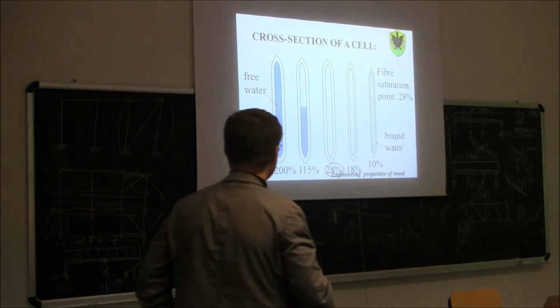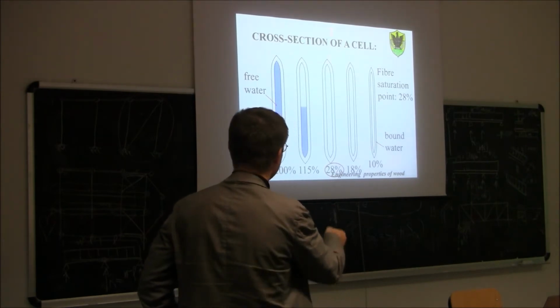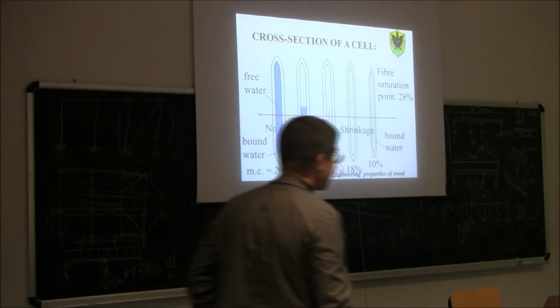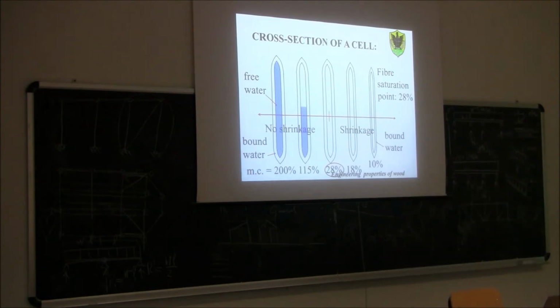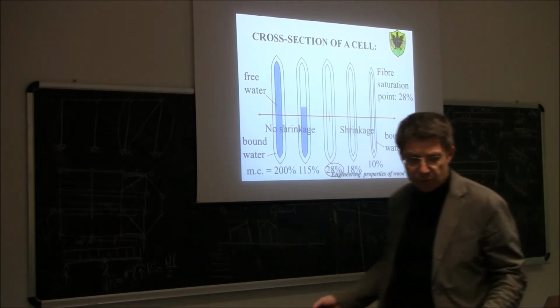So, we said before, the fiber saturation point is this point here. And you can see that there is a significant difference between having a moisture content above 28%, so above the fiber saturation point, or below it. Above the fiber saturation point, any moisture variations, for example due to the environment, will not affect the size of the wood.